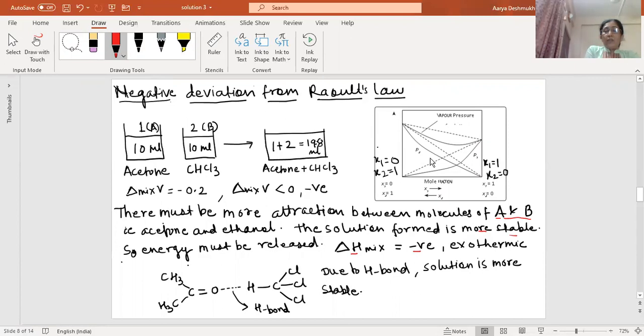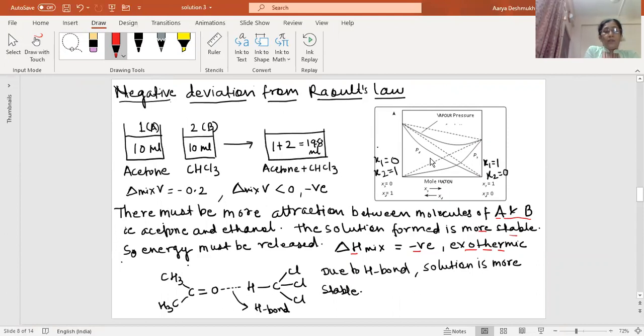Whenever the enthalpy change is negative, it means that when you mix these two solvents together, the system would be an exothermic one. So what is actually happening when you mix these two solvents together? This is acetone and this is a chloroform molecule.